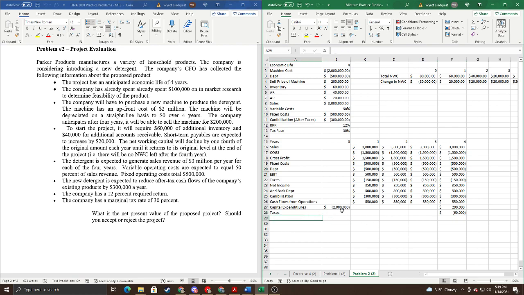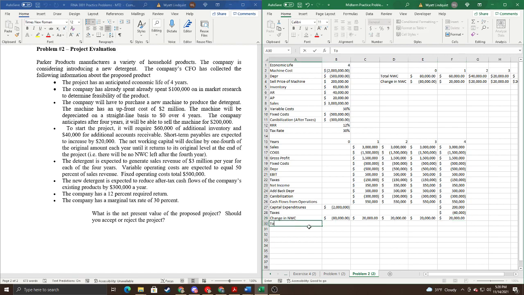And then the last thing that we have is our change in net working capital, and so those are just equal to what's up here. So in the first year we have $80,000 that we have to put into net working capital, and then all the rest of the years we have $20,000 that we're getting out of net working capital for the project. So this should be everything.